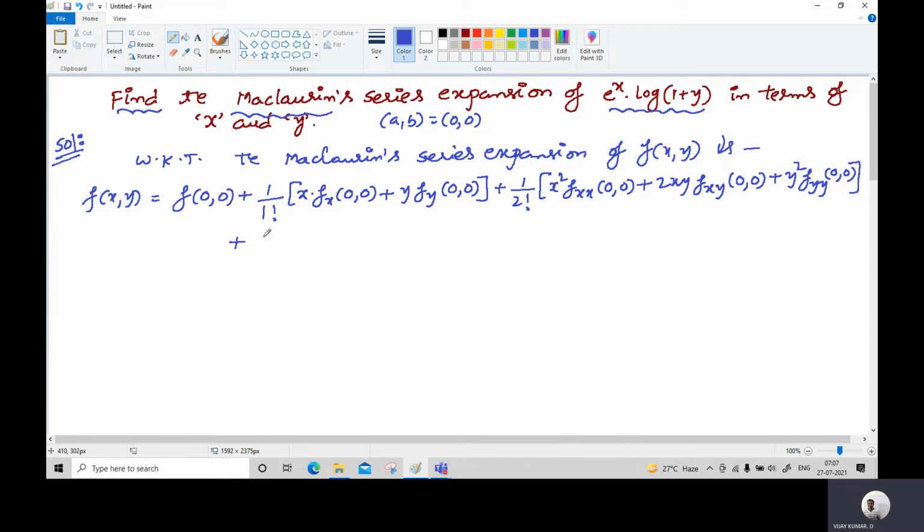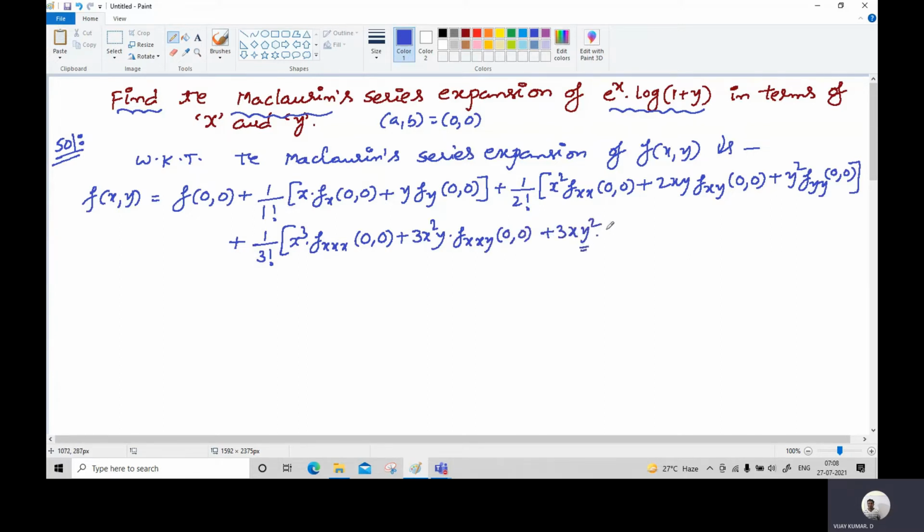plus, here I am going to find out the third order partial differentiations also. That's why I am writing this term also. If you are not interested to write this term, you can write plus 1 after this term. Okay, so x cube into f triple x, this term should be in the form of a plus b whole cube formula, at origin plus 3x square y. Since we have x square, here the derivative should be f double x y at origin plus 3xy square.